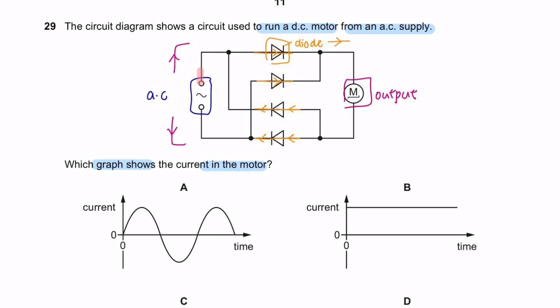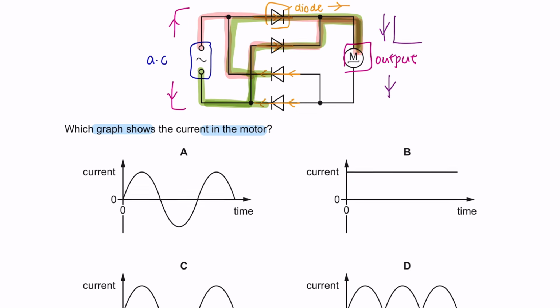So when the current starts to flow in this direction, it goes like this and it goes in this output. Another way of flowing is like this. Now what if the current flows in this direction? It goes here, it can't go here, it can't go here, so it will go here. And another way is it can also go here. So it looks like the output here is only in one direction.